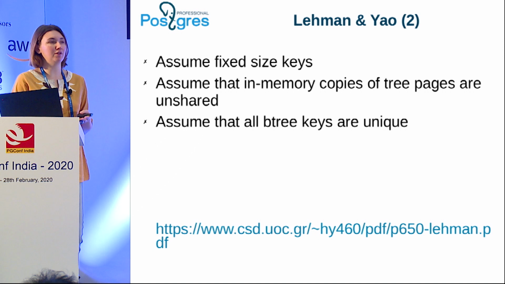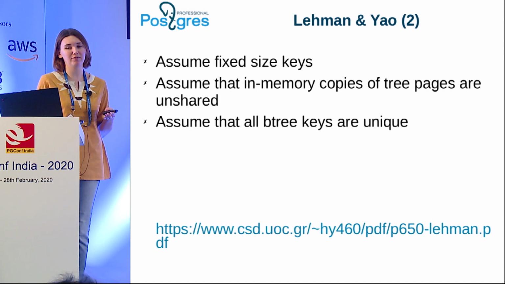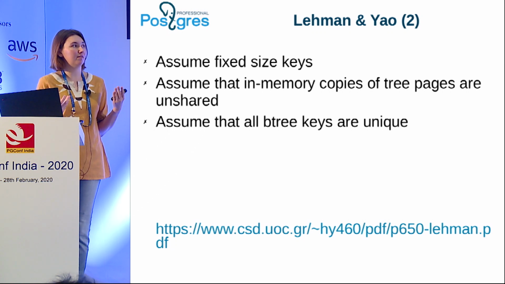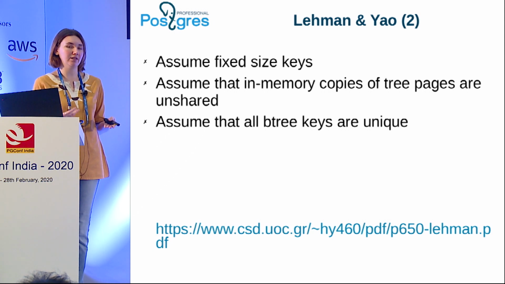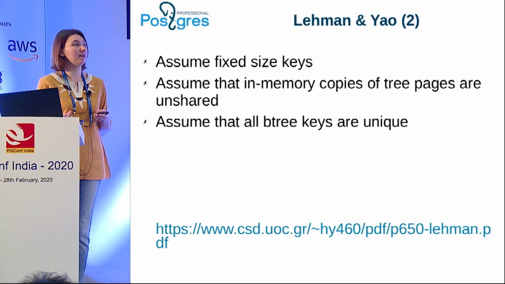And also there are some more assumptions that are mostly theoretical. They do not match Postgres reality. This Lehman Yao paper assumes that all keys are fixed size. It makes most of the theory simpler, but in Postgres it works in a different way.